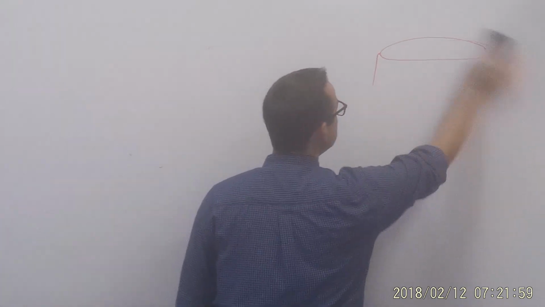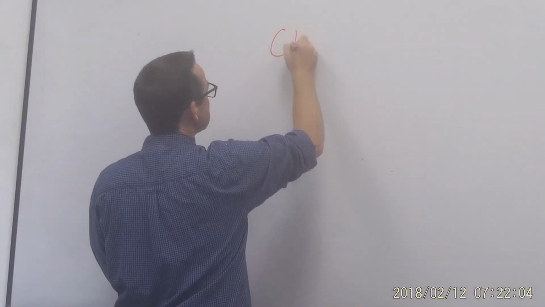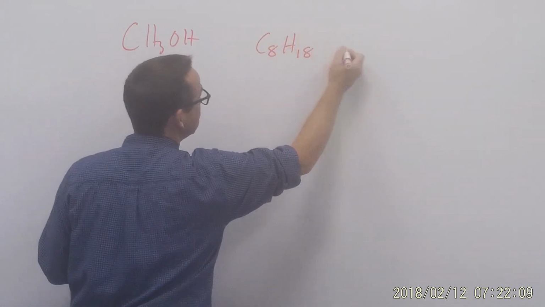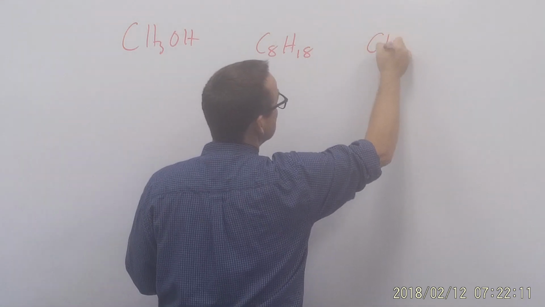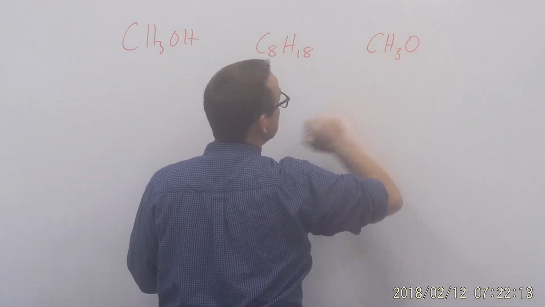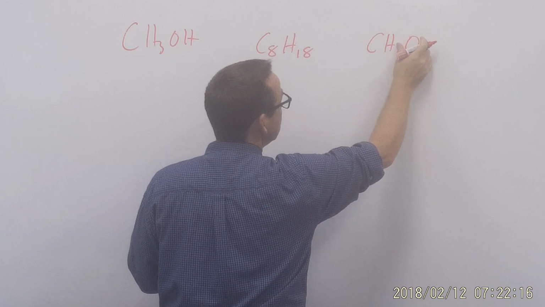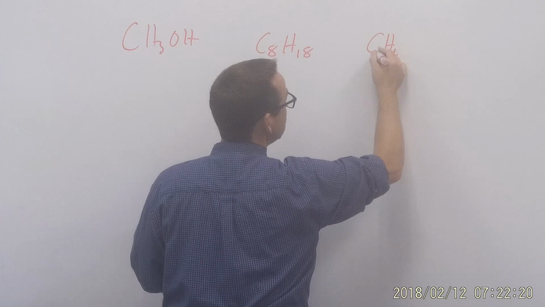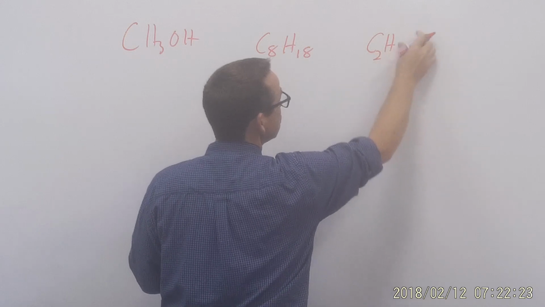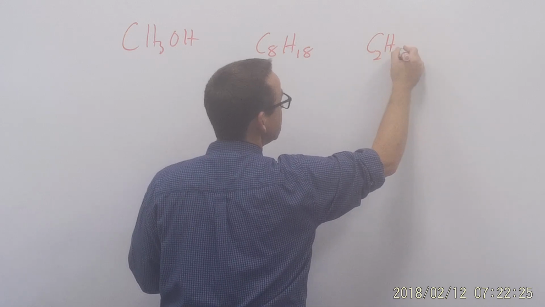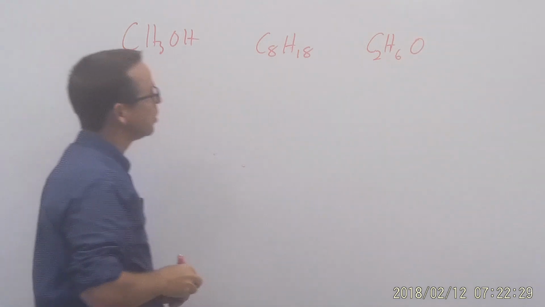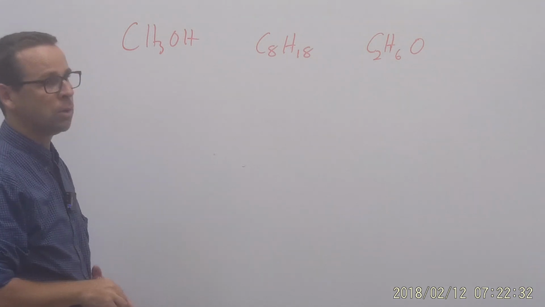Which of these compounds contains the most hydrogen by mass? Here's a question asking which one has the most mass percentage.